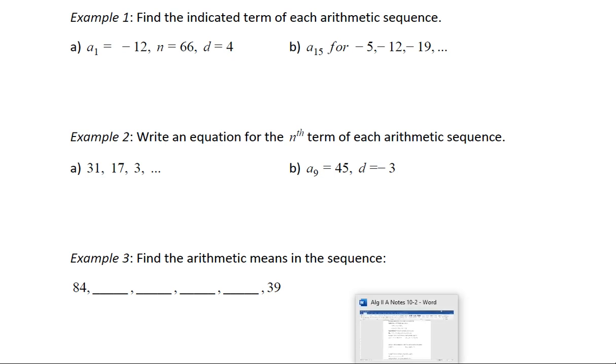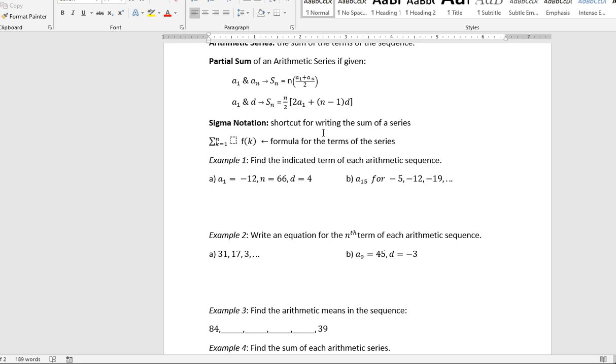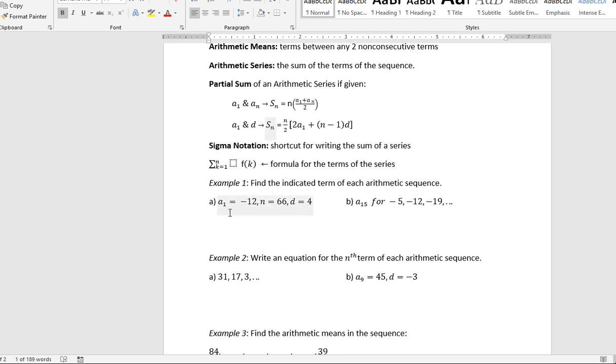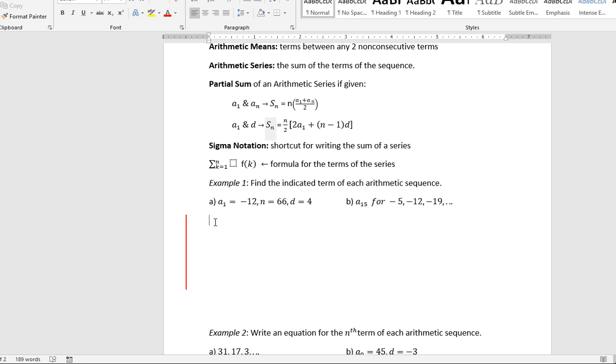So we will use our basic equation here. A sub n equals A sub 1 plus n minus 1 times D. Alright, we're going to use this equation, and we're going to plug in what we know.